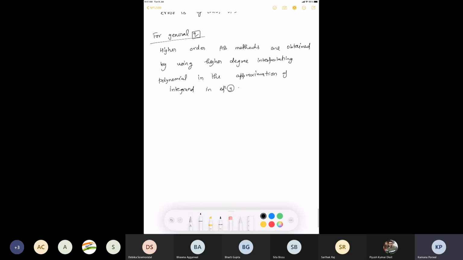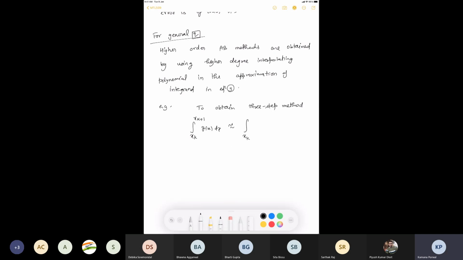Okay, so for example, if you want to obtain the 3-step method, you have to approximate the integral of g(x) over this interval by a quadratic polynomial.